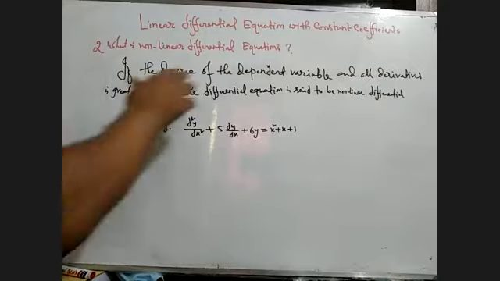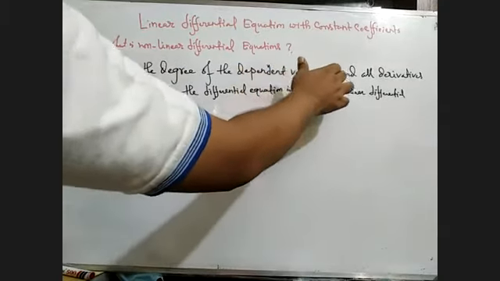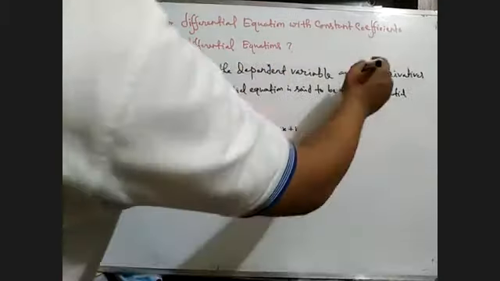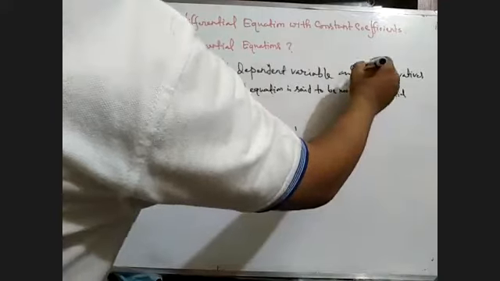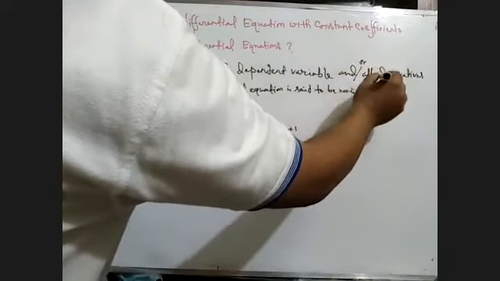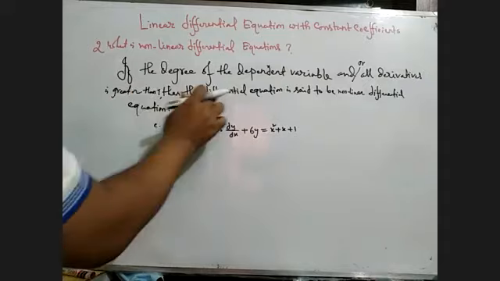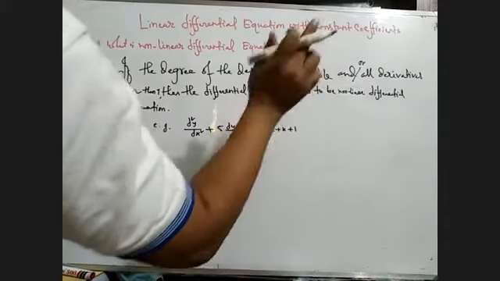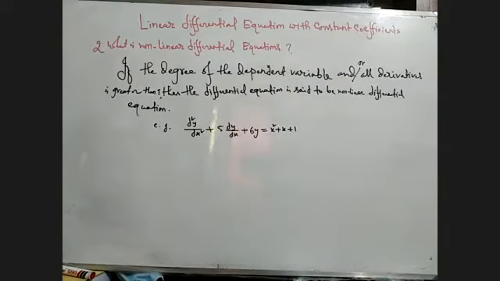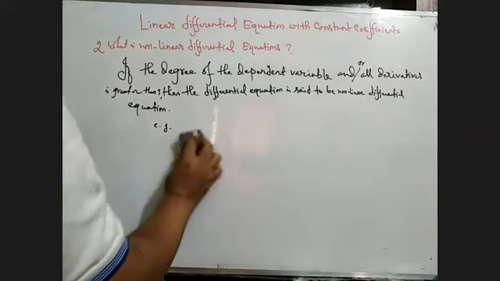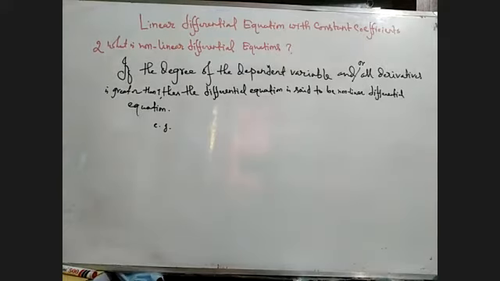That means if the degree of the dependent variable and or all derivatives of it is greater than 1, then the differential equation is said to be nonlinear. In this case, we can cite examples.